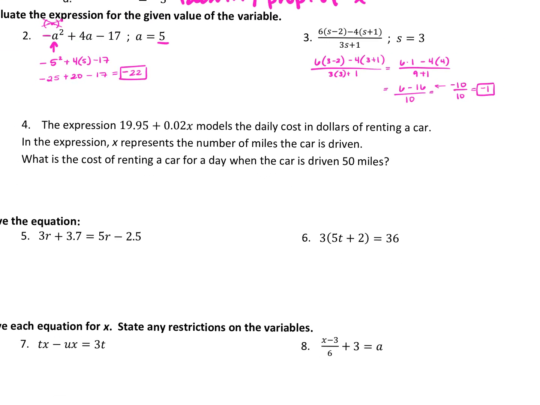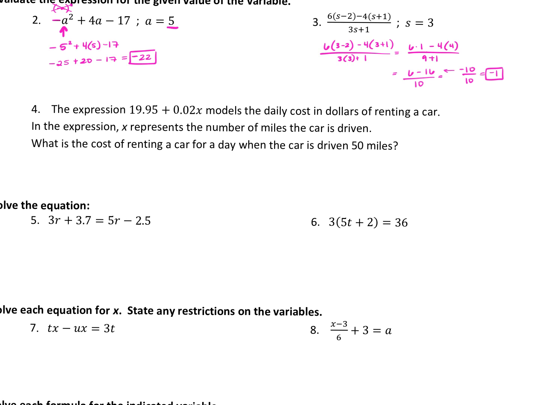Number 4, the expression that you see there models the daily cost in dollars of renting a car. In the expression, X represents the number of miles the car is driven. What is the cost of renting a car for a day when the car is driven 50 miles? What they're saying is X is 50, right?